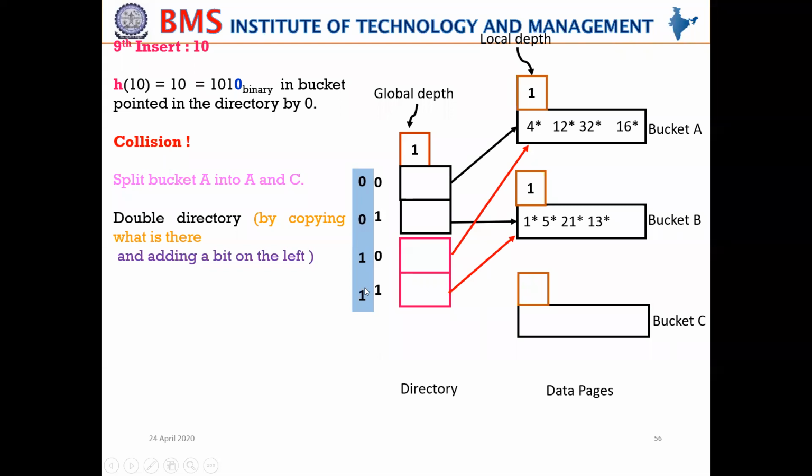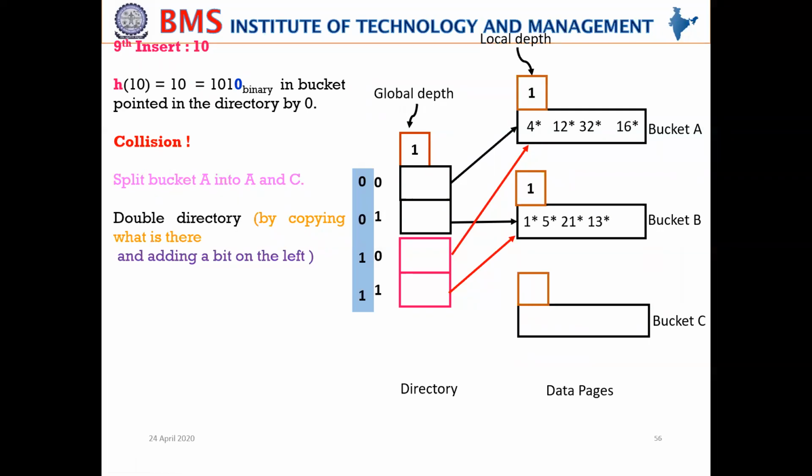In the earlier case, I had only 2 buckets. How many bits of addressing were there? Only 1 bit of addressing was there to address 2 buckets. Now, in our example, how many buckets do I have? 3, more than 2. In order to address these 3 buckets, what is the minimum number of bits required?